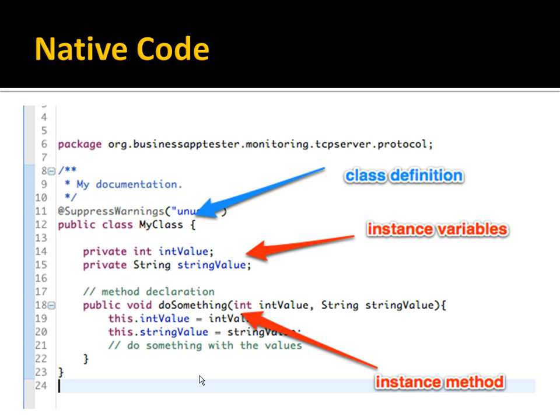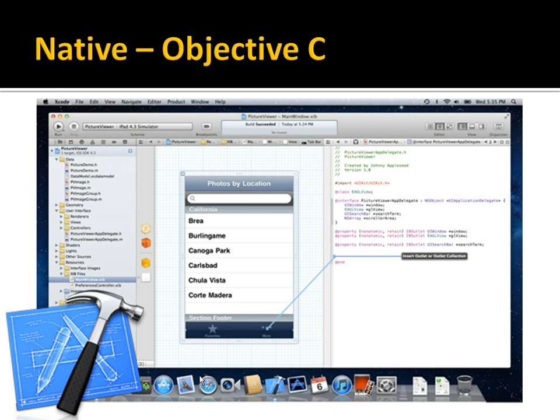When we look into understanding native code, it means that we have to understand some pretty major stuff. We need to understand a lot about object-oriented programming and methods and variables and all sorts of stuff. Because if we look at the code that we generate in something like Xcode, it's Objective-C, and that means it's some pretty complicated code.